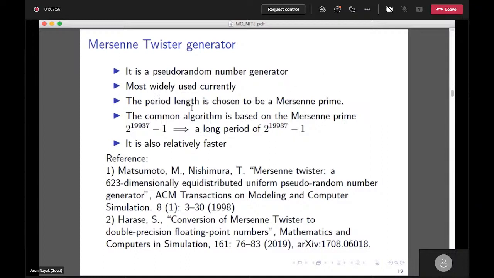It is implemented in a way that it is quite fast. If anyone is from particle physics using the so-called ROOT framework for data analysis, it already has this one. But maybe there are other packages which also already have this generator. You can go through these references if you need more information about this.